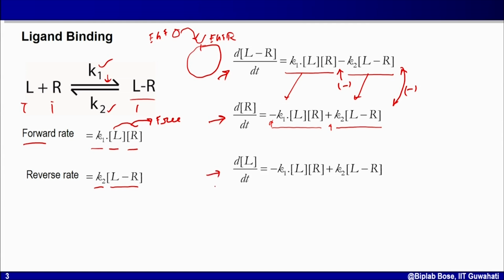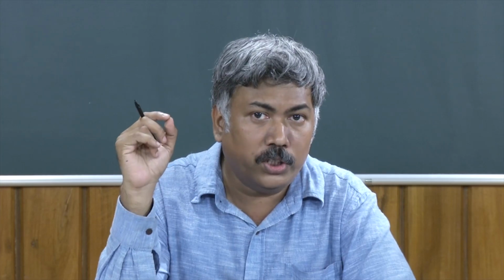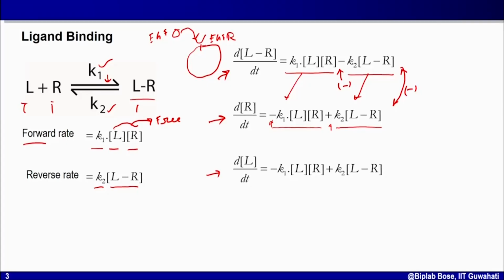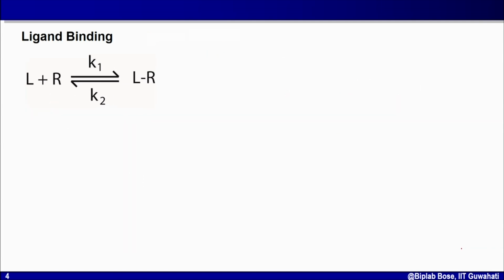So d[L]/dt is representing the rate of change of concentration of free ligand, and that will be same as that for the free receptor, that is minus K1 [L][R], because by forward reaction the free L is getting used up, plus K2 into [LR], the concentration of complex, because by this reverse process free ligand is formed. So what I have done, I have written down the three ODEs for the free ligand and free receptor, and also for the complex LR.